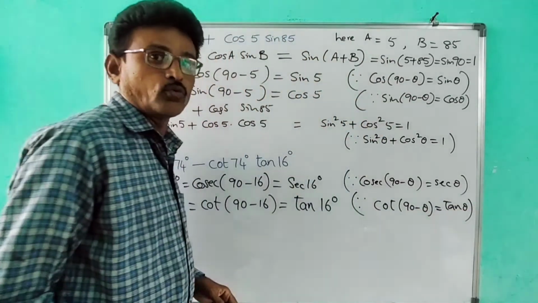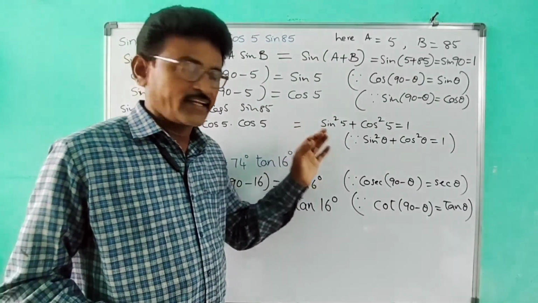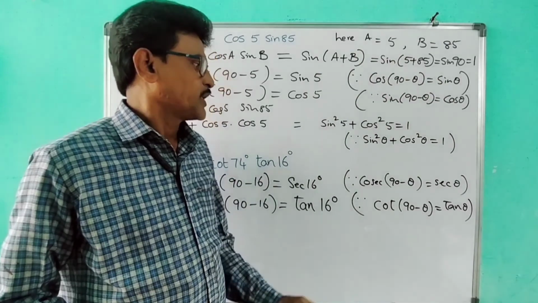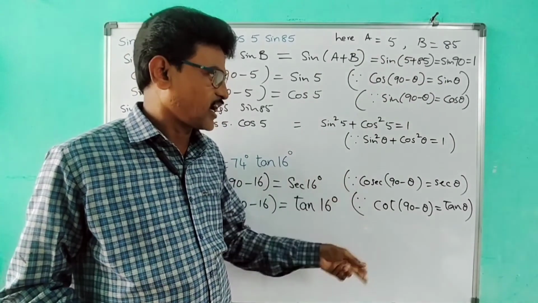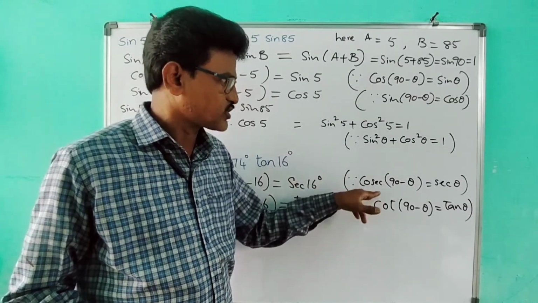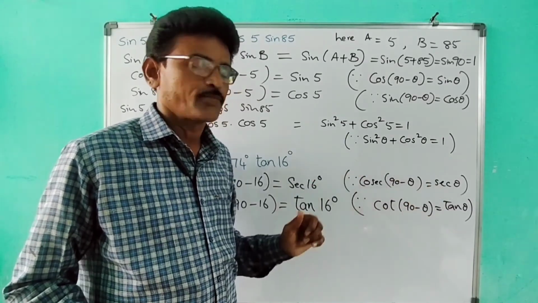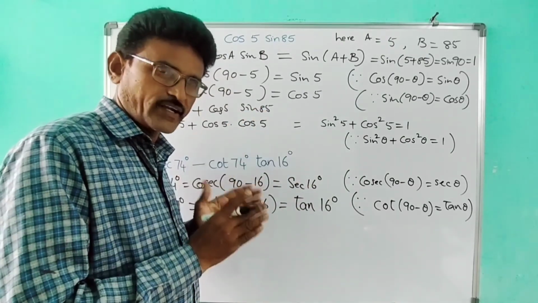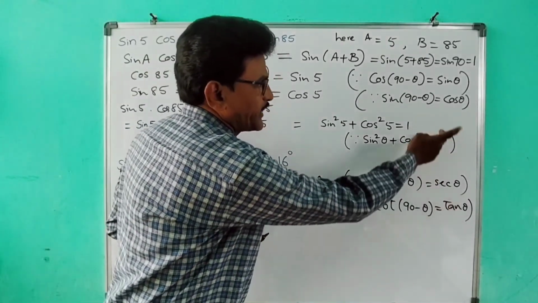So we have to remember all these things: sin(90 minus theta) is cos theta, cos(90 minus theta) is sin theta, tan(90 minus theta) is cot theta, cot(90 minus theta) is tan theta, sec(90 minus theta) is cosec theta, cosec(90 minus theta) is sec theta. All these lie in the first quadrant, that's why here we are getting positive values.